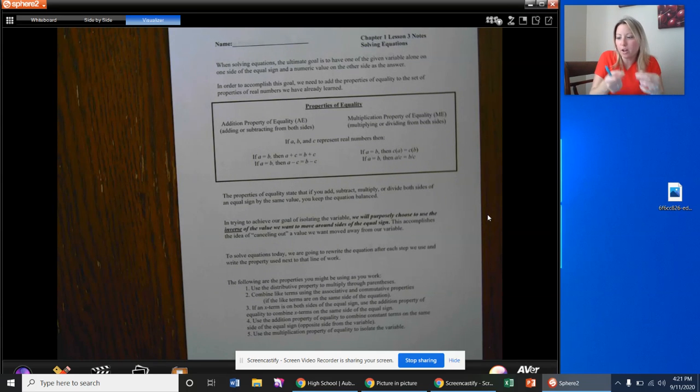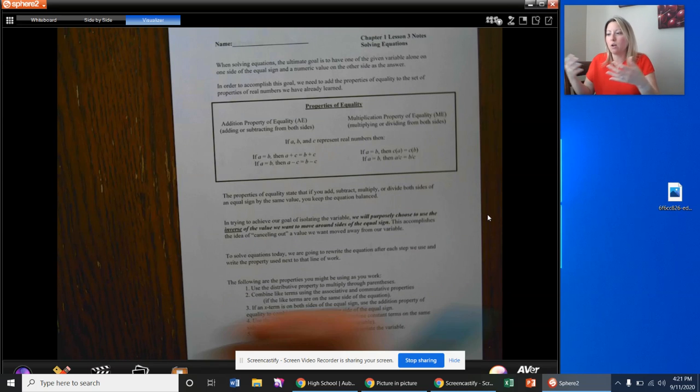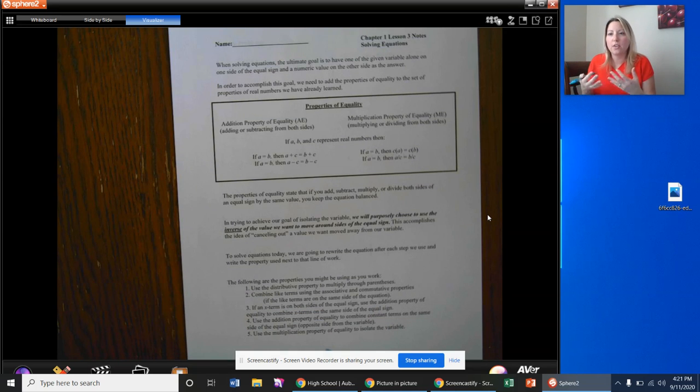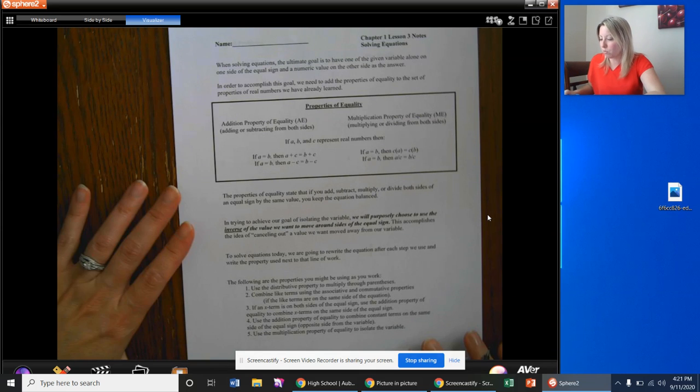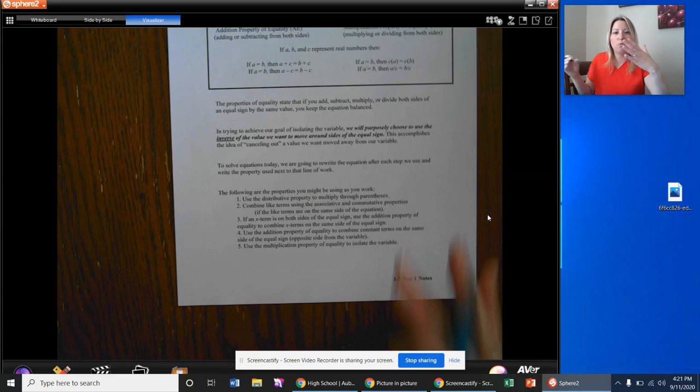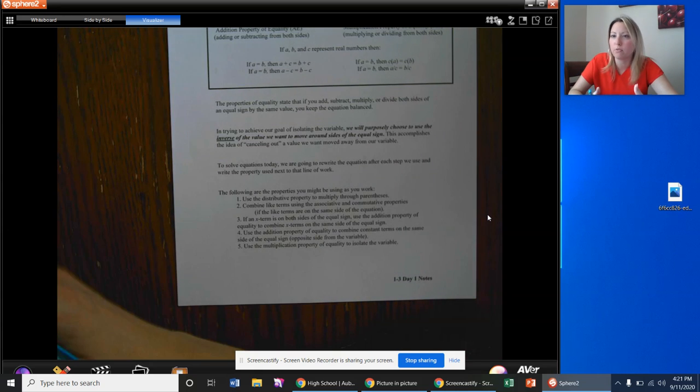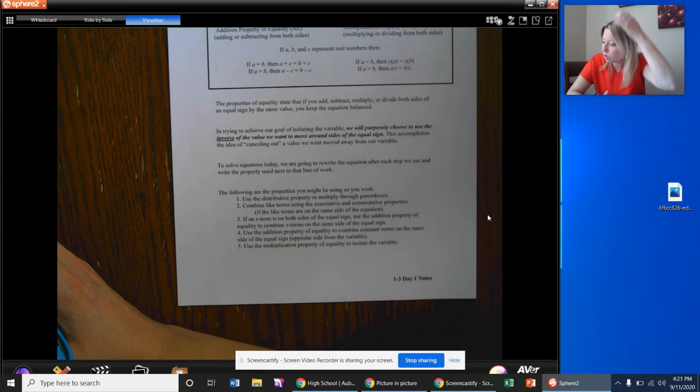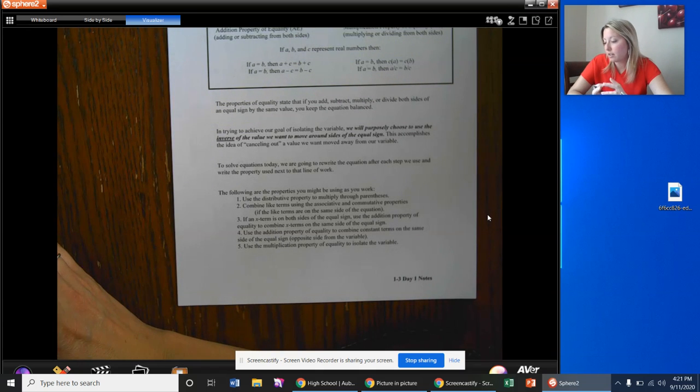We pick the right properties to use in conjunction with each other to force stuff to cancel from one side of the equal sign and get down to fewer and fewer pieces, getting our x alone. That's always the goal.